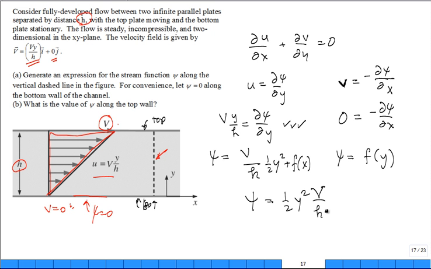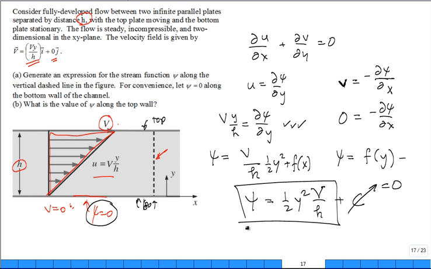And you can have a constant, just any constant is like a function of x and a function of y, a constant. But when you come in and say put psi equal to 0, that constant is equal to 0. So psi at y equal to 0 is equal to 0. That constant goes away, and so there's our stream function.